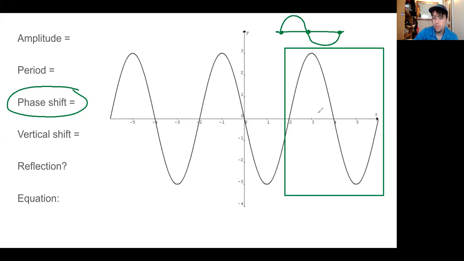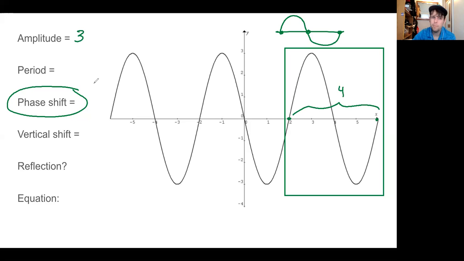What is our amplitude? So looking at this, our midline, we're going up 3 and down 3 from the x-axis. So that means that our amplitude is 3. Period. What is the period? How long does it take for us to complete this full cycle? What's this distance along the x-axis? In this case, since it's nice and whole numbers, we can just count it. 1, 2, 3, 4.